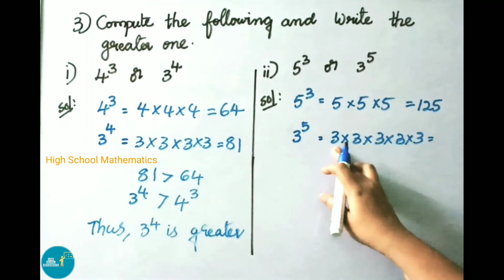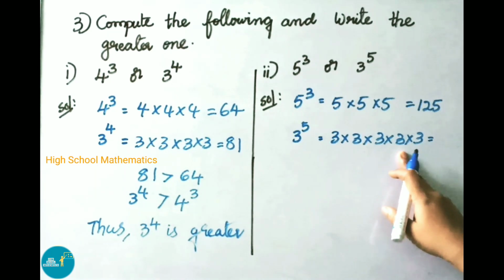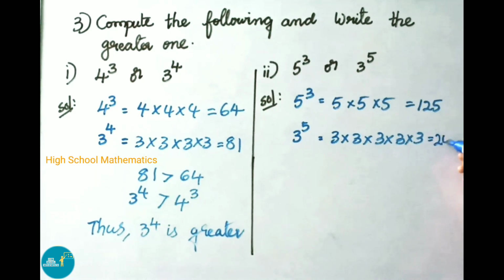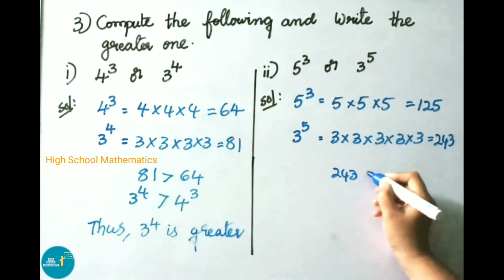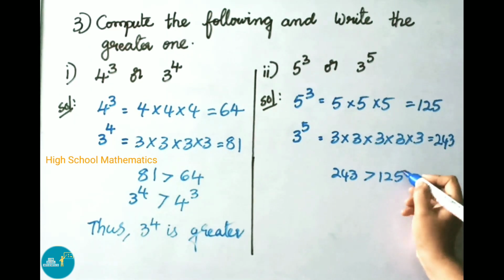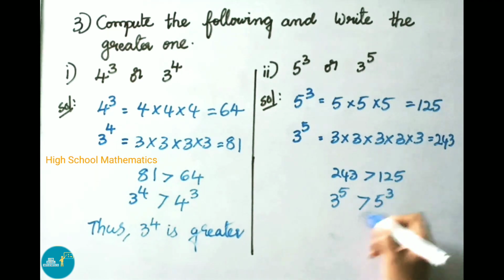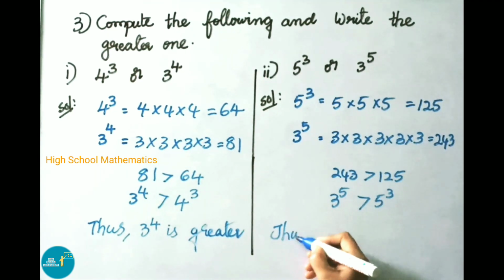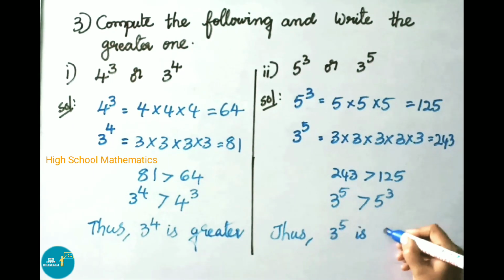See here, 3 3s are 9, 9 3s are 27, 27 3s are 81, 81 3s are 243. Here 243 is greater than 125. That is, 3 power 5 is greater than 5 power 3. Thus 3 power 5 is greater.